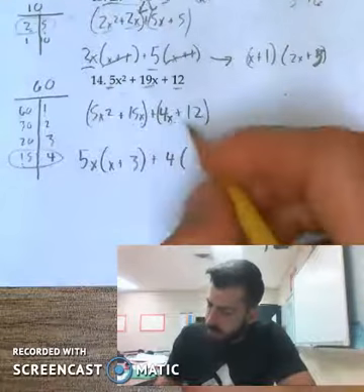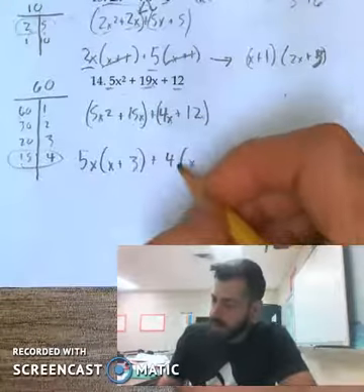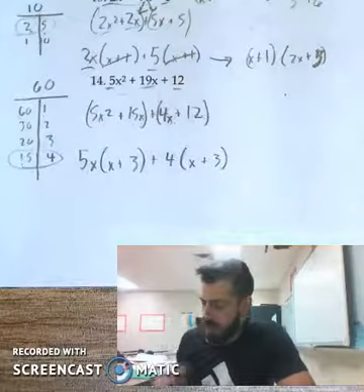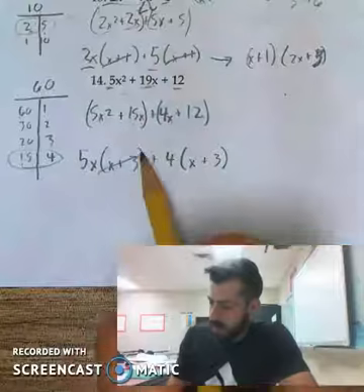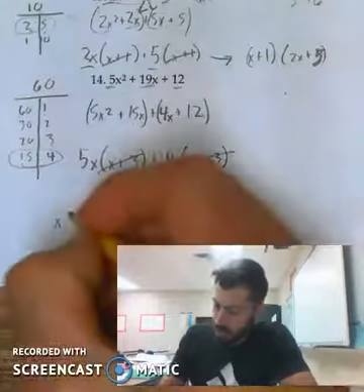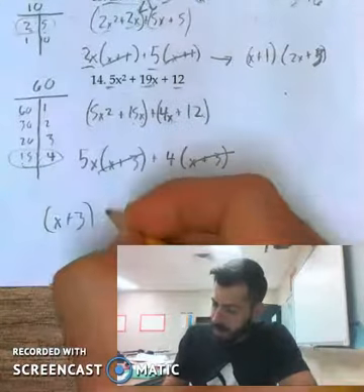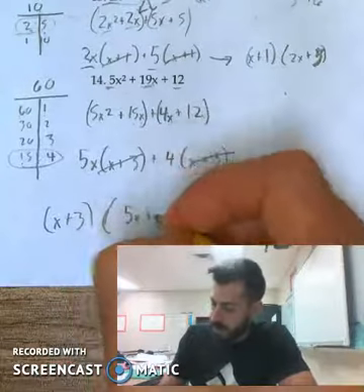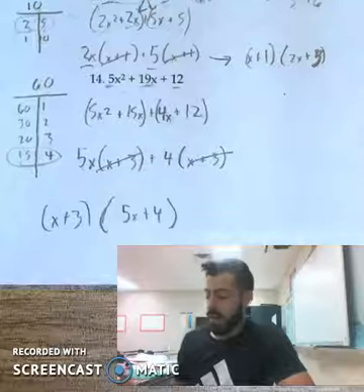I divide 4x by 4 and I get x. I divide 12 by 4 and I get 3. And now we have it very easy. So factor out the x plus 3. And we'd be left with the 5x plus 4. And there you have it.